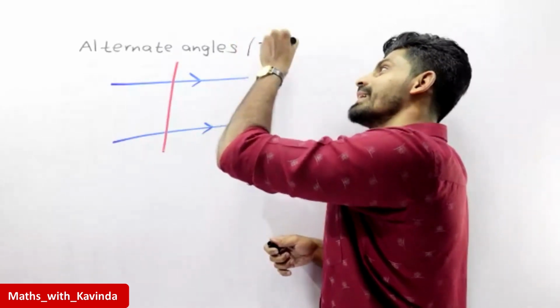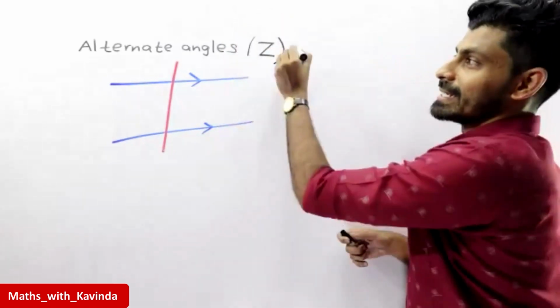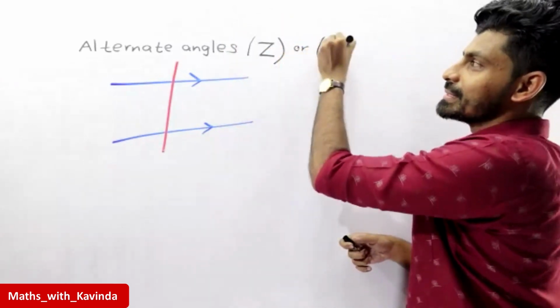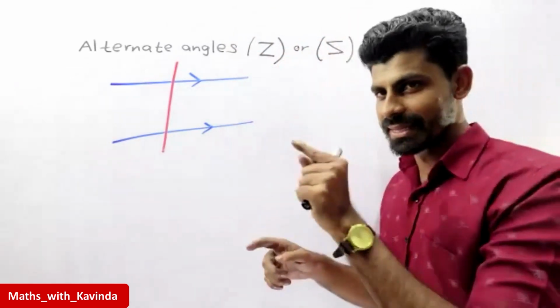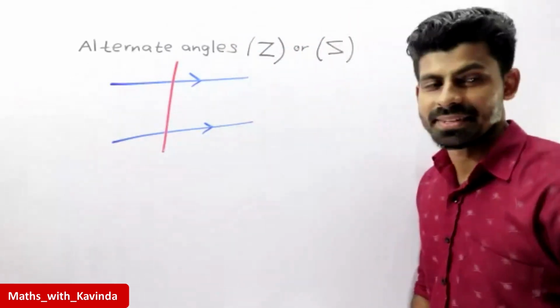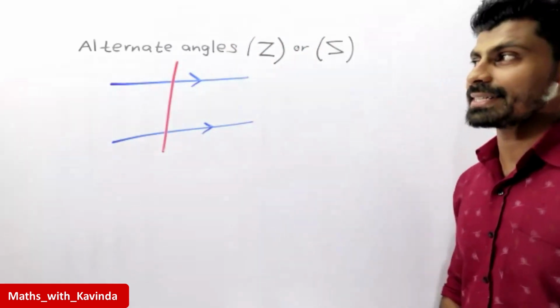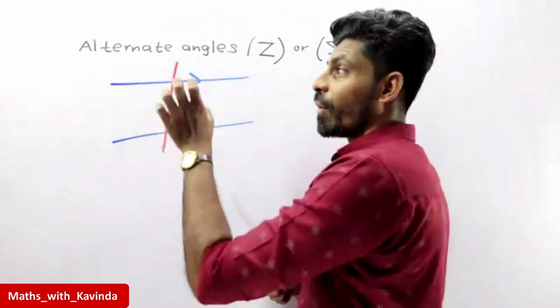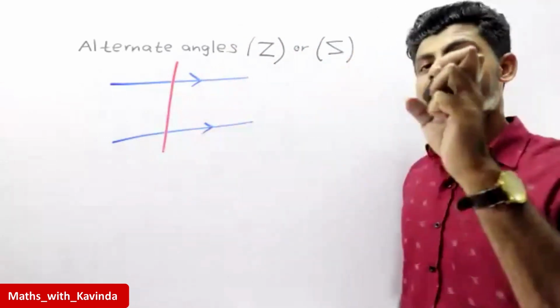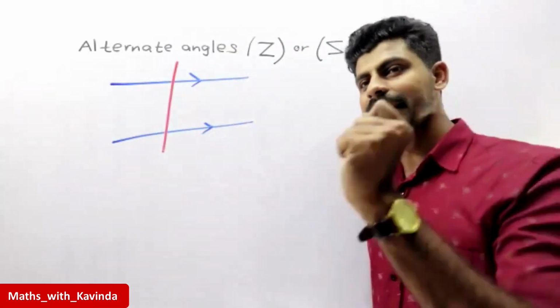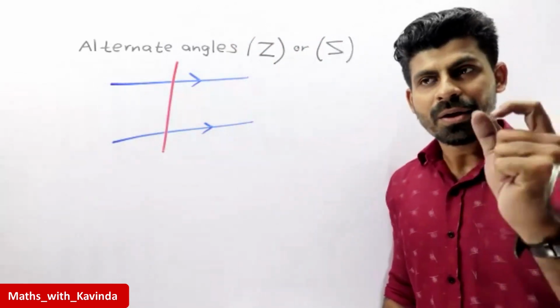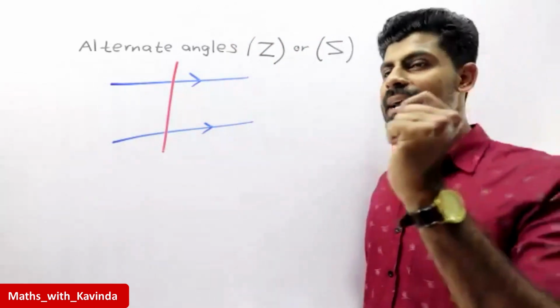Alternate means Z angles. You can take both sides, a Z on this side and a Z on that side. Alternate angles are equal. Listen carefully.